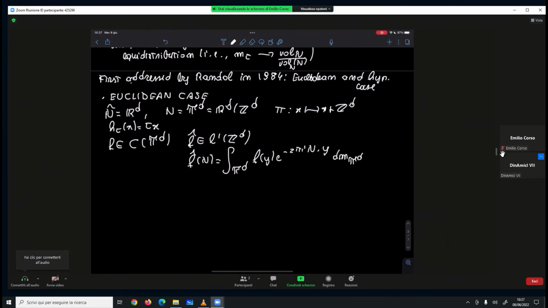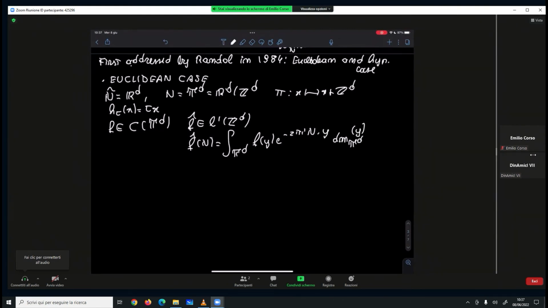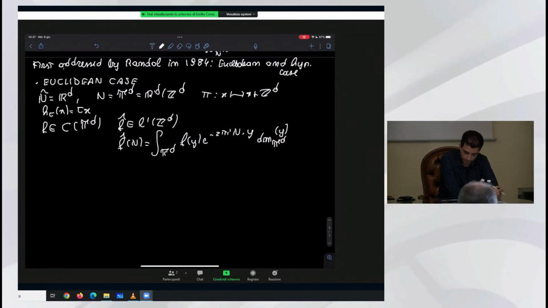This is my notation for the normalized Haar measure, the probability Haar measure on the torus, the standard Lebesgue measure, which gives the torus mass 1. So assume that the Fourier transform is integrable. This certainly happens once you assume that f is in a sufficiently high regularity class. Functions of class C infinity, for instance, are dense in the space of continuous functions, so there is no loss of generality in assuming this for the purposes of my problem.